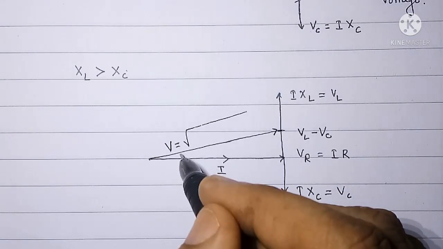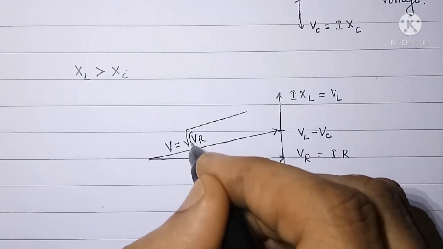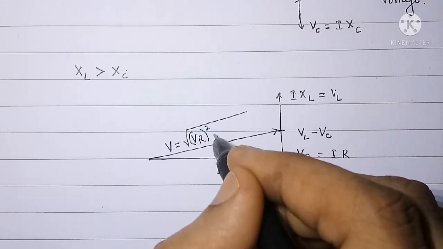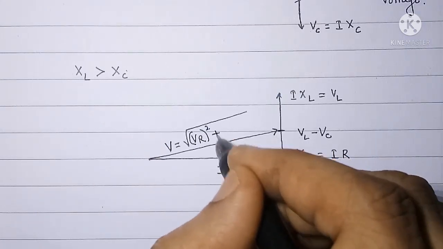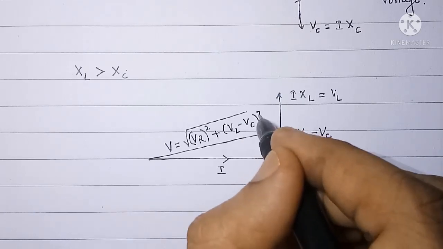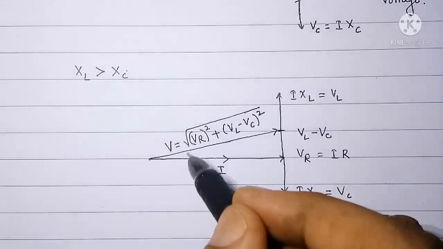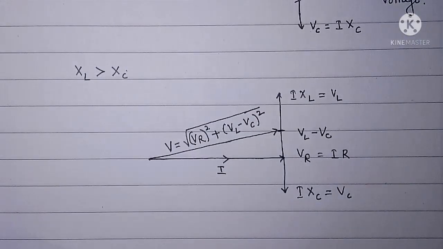So this is supply voltage and is equal to the phasor sum of VR and VL minus VC, which is calculated as under root VR square plus VL minus VC square.